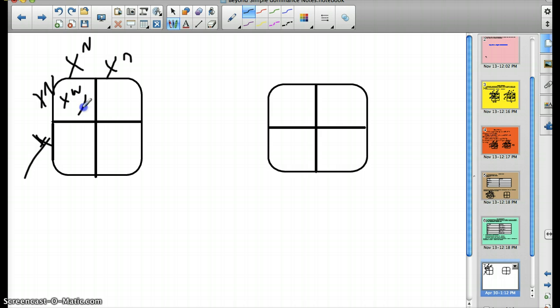I know this is really hard to read. So you've got a completely normal girl. This is an X with a big N, an X with a little n. You've got an X here with a big N and a Y. And you've got an X, well, with a little n and a Y. Okay, so it says what % of their children.